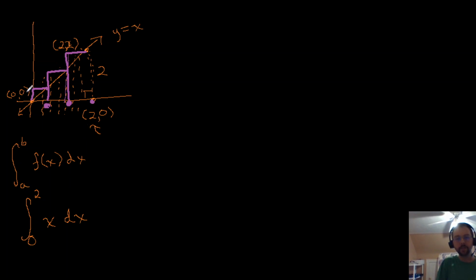The 0 and the 2 tell us our starting point and stopping point. And then the x here is telling us that we multiply that times x, which is the height at every point. And we know that when we multiply width times the height, it gives an area, and we're adding up all the little areas. I hope that was clear enough. I think it'll get clearer as I go through more examples.